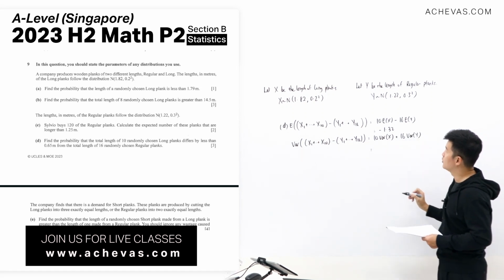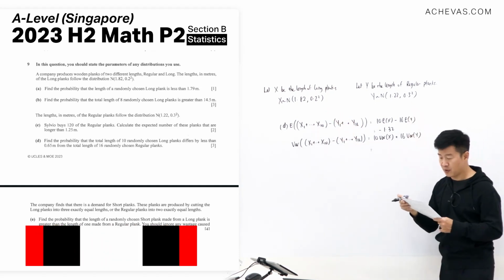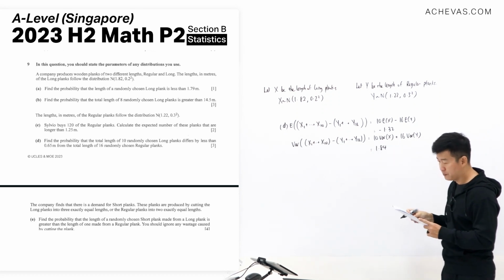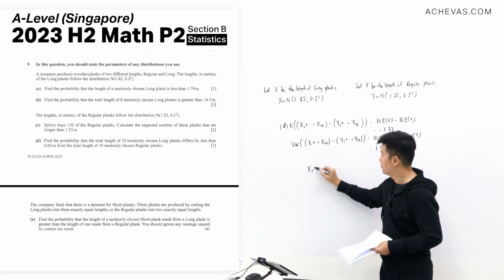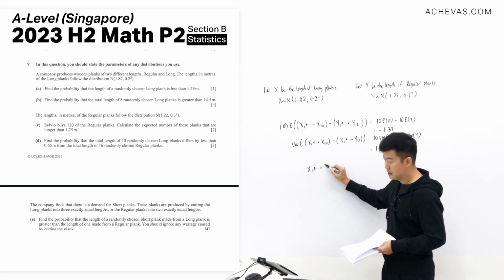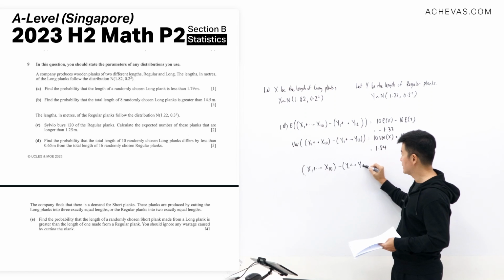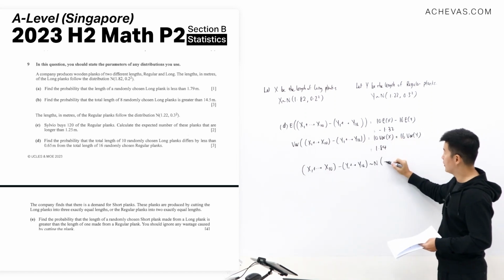And this is going to be 10 times 0.2 squared plus 16 times 0.3 squared. This is equal to 1.84. So based on this, x1 plus x2 plus all the way until x10 minus y1 plus y2 all the way until y16 will follow a normal distribution with a mean of minus 1.32 and a variance of 1.84.